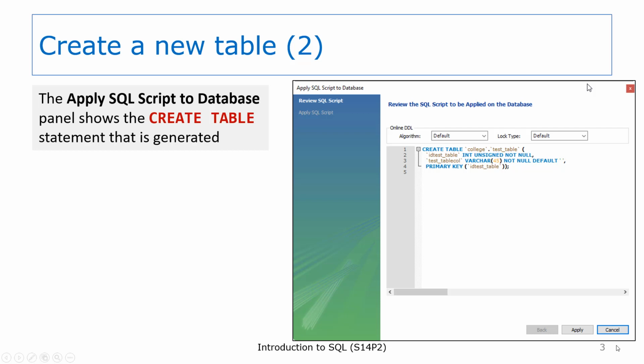When you click the Apply button, the Apply SQL Script to Database panel shown on this slide is displayed. This panel shows the generated script that will be used to create the table based on what you entered in the New Table panel. In this example, the generated script is a Create Table script.